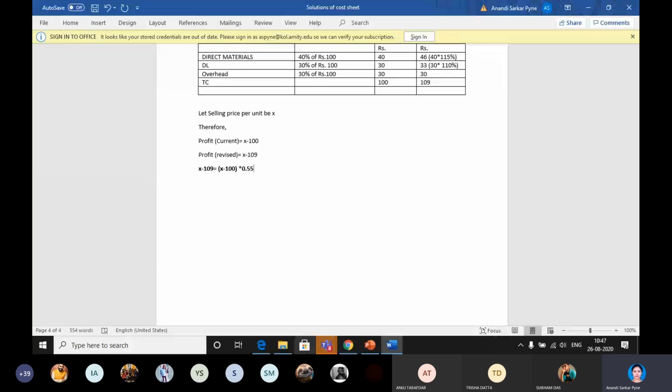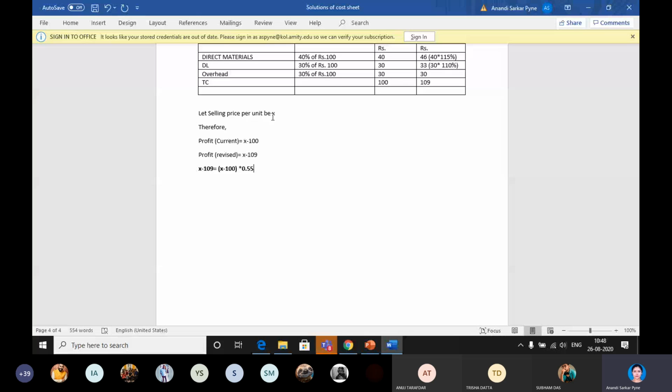क्योंकि हम exactly profit नहीं बोल सकते because selling price we don't know. So the price we are considering. So profit for the current year is X minus 100. That is selling price minus cost price is profit current. Next year the cost has increased to 109. So selling price minus cost price we will get the profit. But we cannot say it equals to X minus 109 is equal to X minus 100.